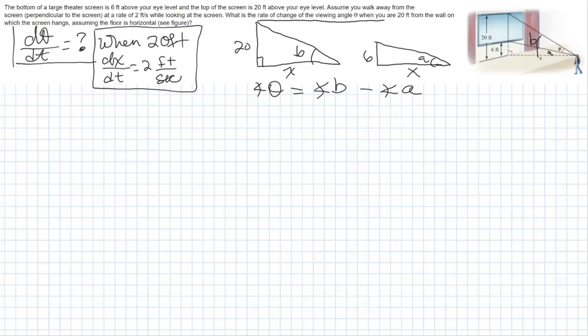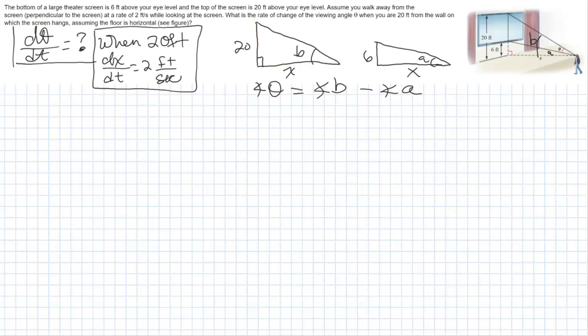Now, as we can see here, for angle B, we have opposite over adjacent, so we're talking about tangent. Tangent of B is 20 over x.